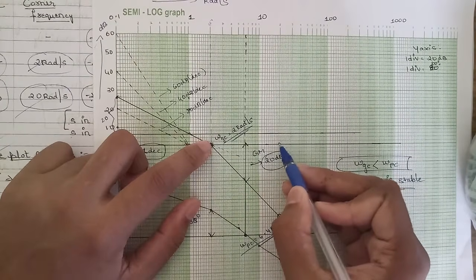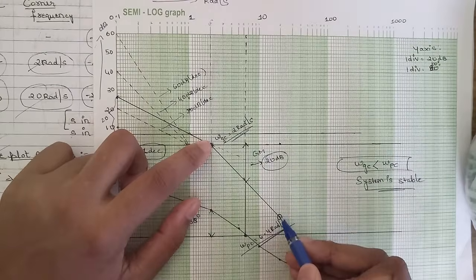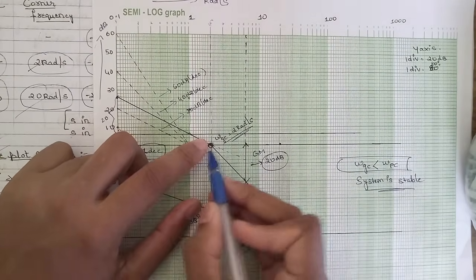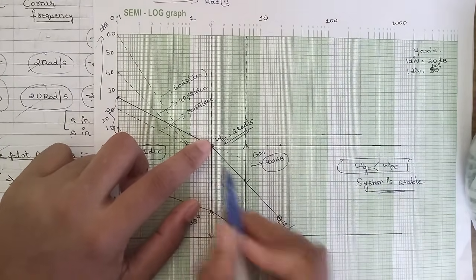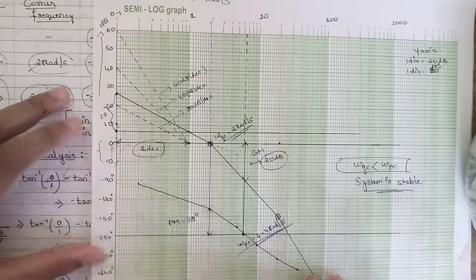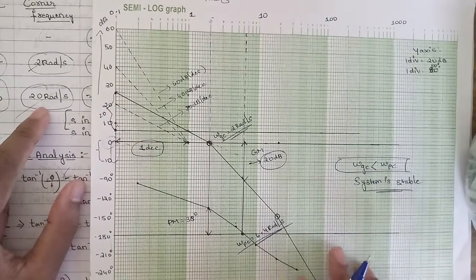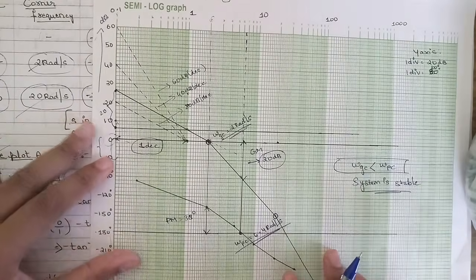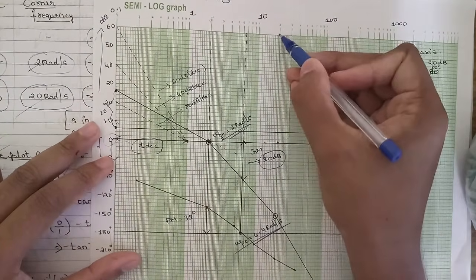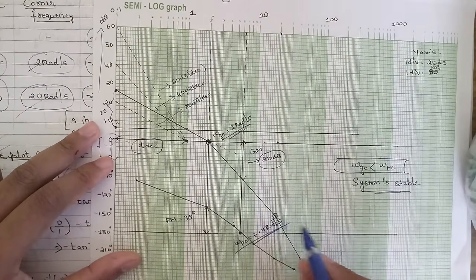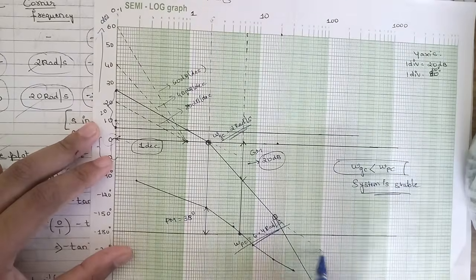From this point, if you keep 2 inch in the scale, we can join this to be drawn as the 40 dB per decade line. Draw this 40 dB per decade line till the next frequency, that is 20 radians per second. Till here we should be drawing. You can extend this line, no problem.